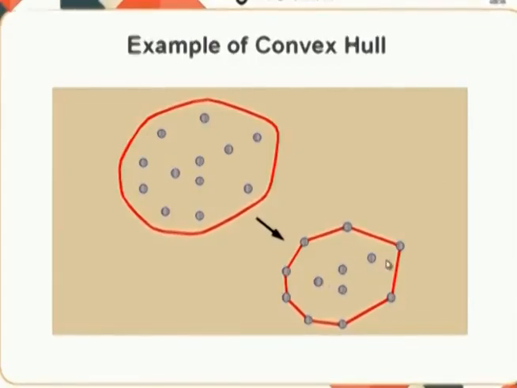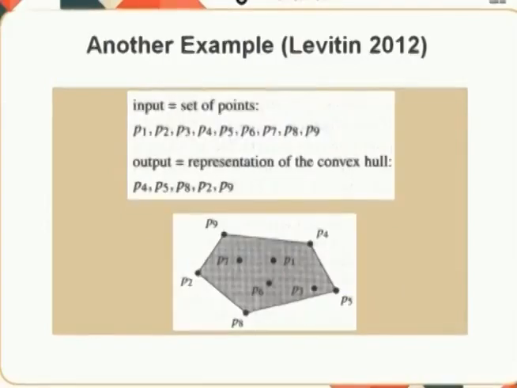In other words, convex hull is all about finding the extremal points such that they can be connected by lines, and that boundary should encompass all the points of this particular set. This is what we are calling the convex hull. This is another example. You can see these points are given and the position of these points in a two dimensional space is given.